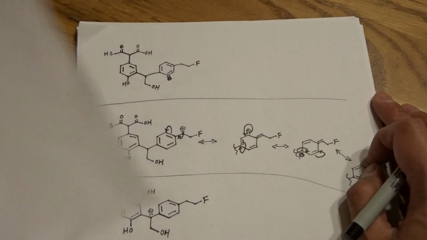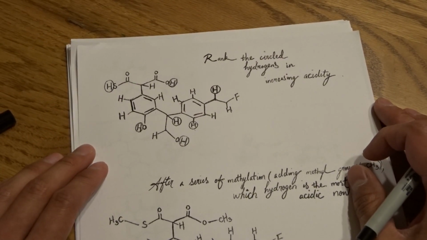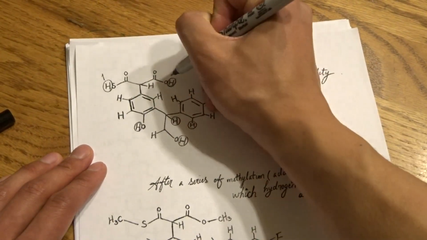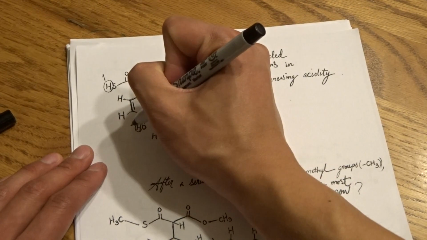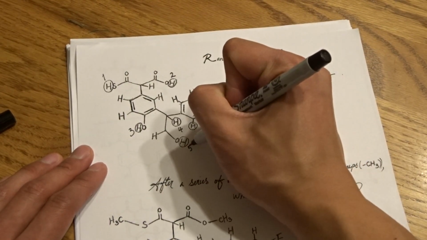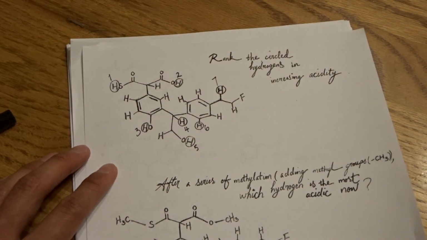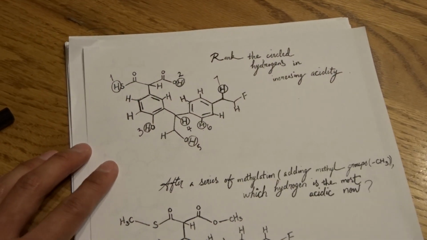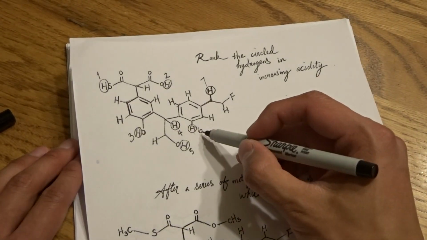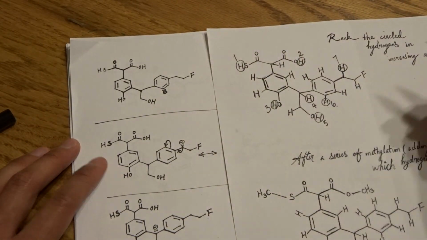So yeah, actually let me go ahead and start numbering the hydrogens so that it'll be a little bit easier for me to point to. Okay, we have 7 hydrogens again. They're circled. Alright, so let's look at, I guess the first one I have here is the 6th hydrogen.